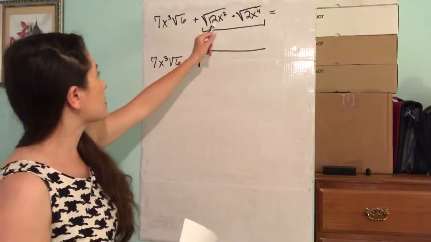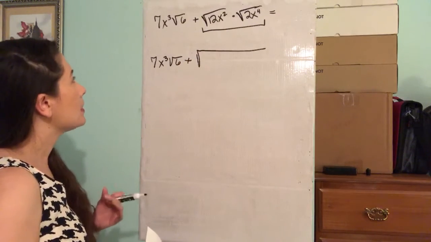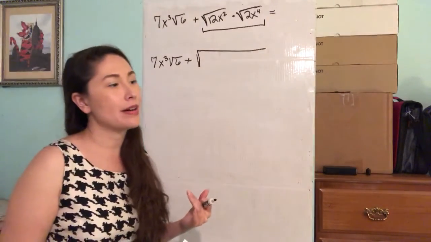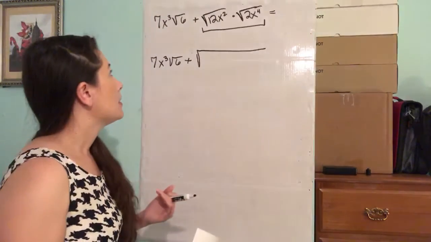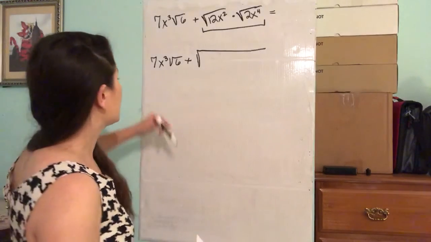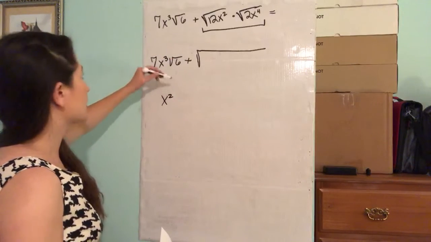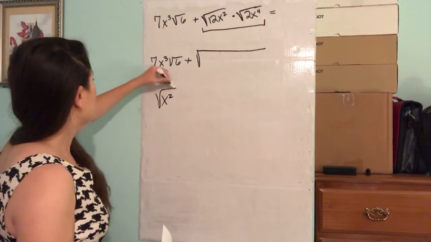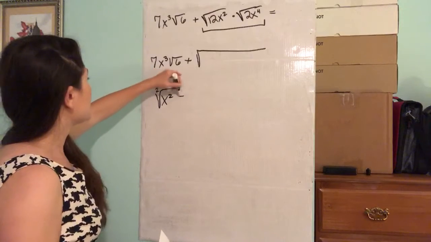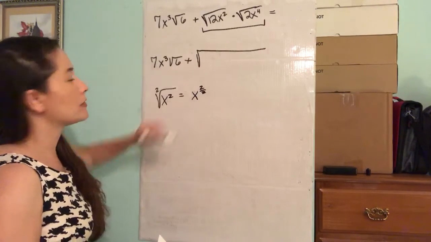So these exponents, when you've got an exponent underneath a radical, all you gotta do is divide it by 2. So for example, this x squared that's underneath the radical, I'm just looking at the x squared for now, this is the same thing as x to the power 2 over 2.